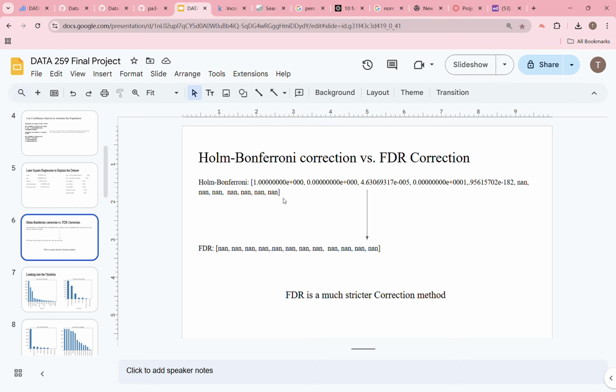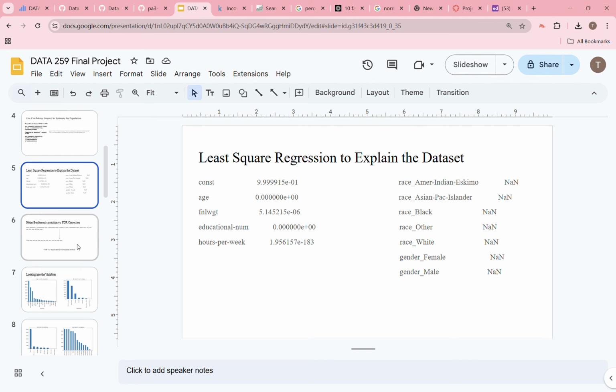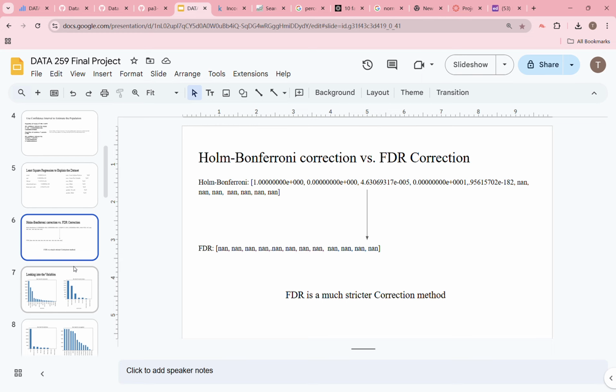For Holm-Bonferroni, the p-values don't really change. However, for the FDR, it says that none of the variables can be used to explain the relationship between these variables, gender, race, age, and so on, and the final variable, which is income. The conclusion is that FDR is a much stricter correction method.